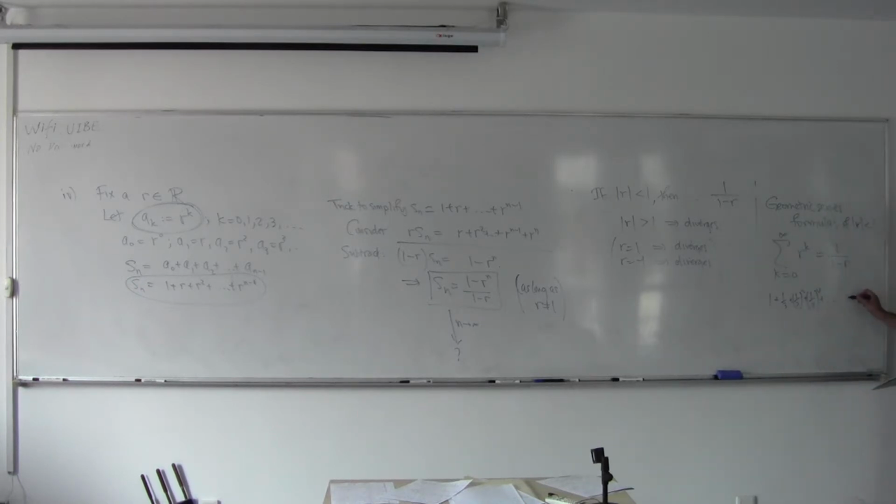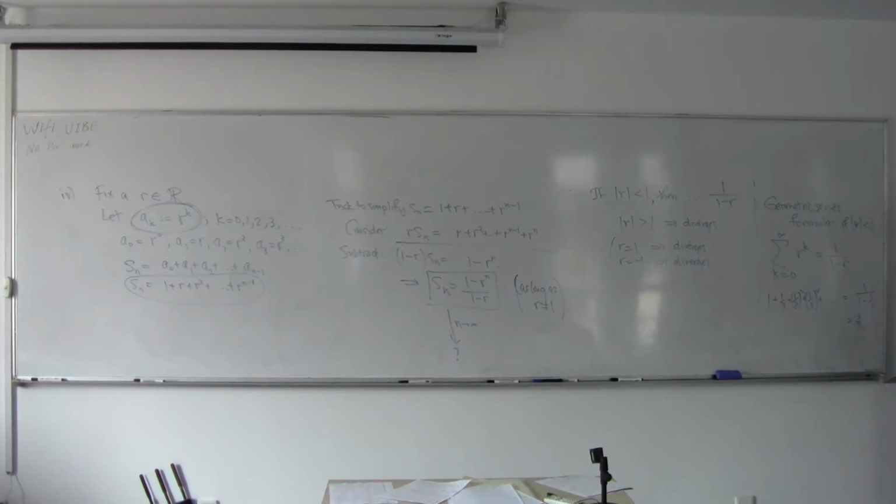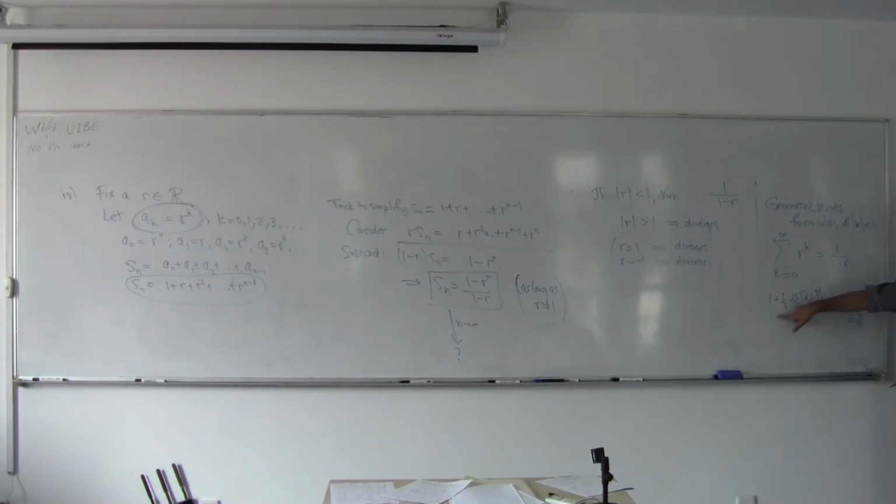What's that going to be? Well, that's just going to be 1 over 1 minus a third. So that's 3/2. So this infinite sum is going to tend to this in the limit.